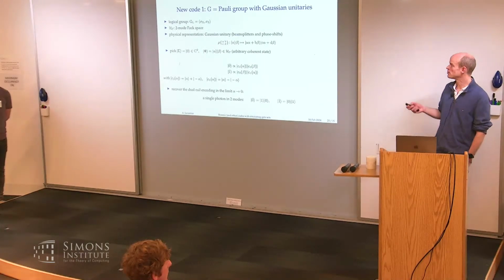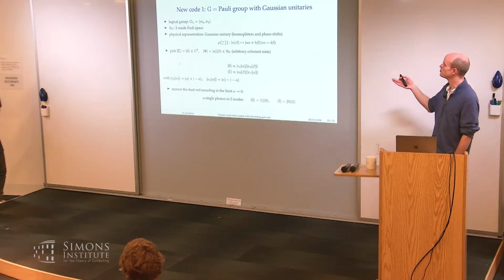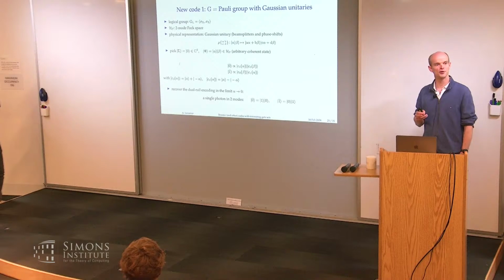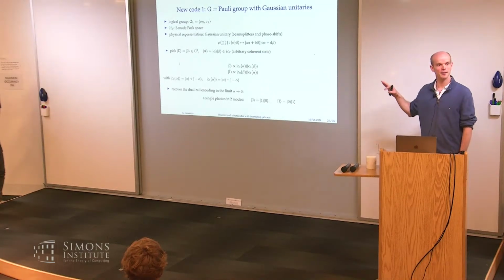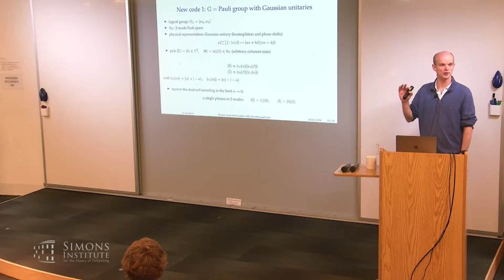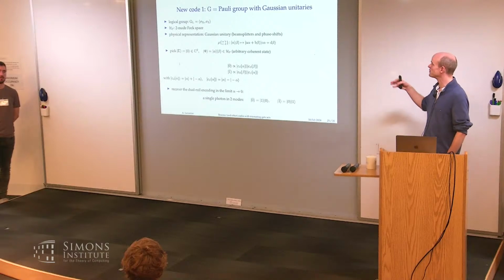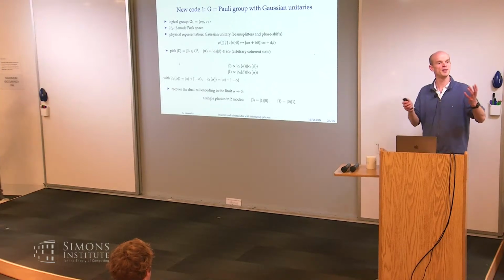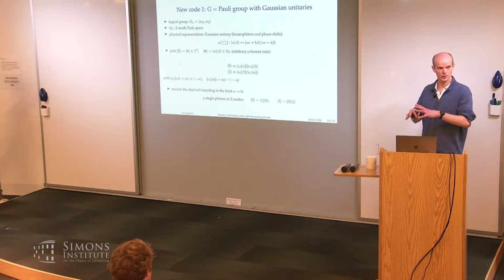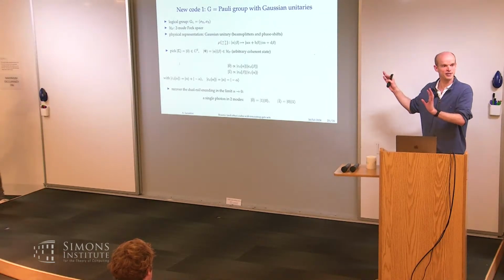Something I didn't mention is that for GKP, if you want to recover GKP here, the logical group that you look at is just the Pauli group. For GKP, you know that you can do all Clifford operations with Gaussian unitaries, so it's not clear what the right group to put in is. Maybe if you had taken the full Clifford group you would have got GKP as well.